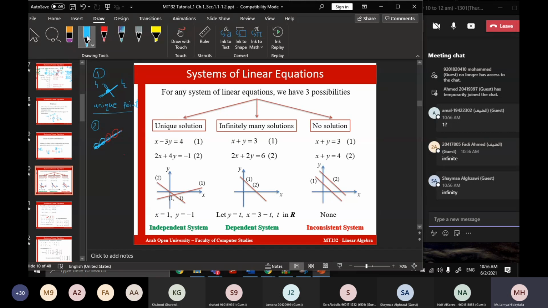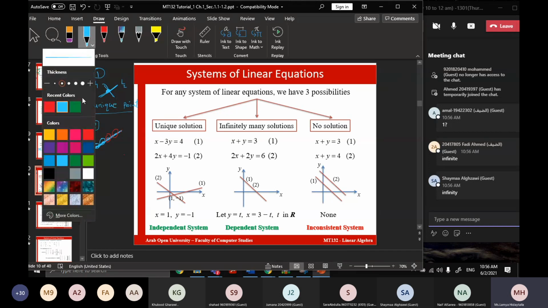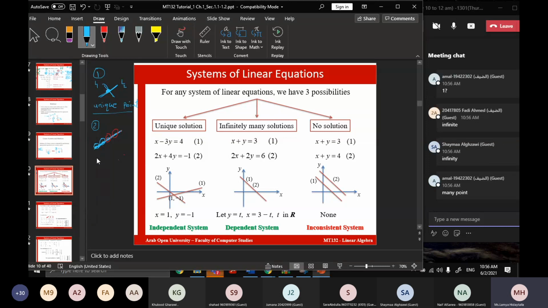In this case, I will have infinitely many solutions, because each point lies on both. Any point you take from these, you will find it lying on both lines. So this is the second case.